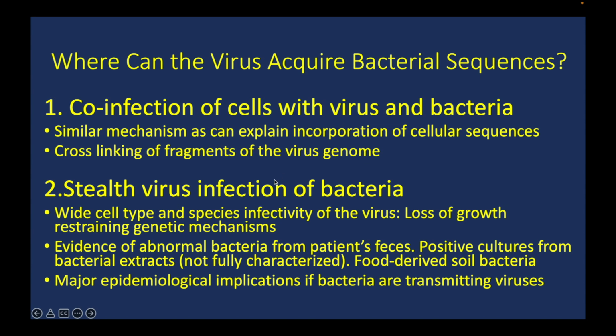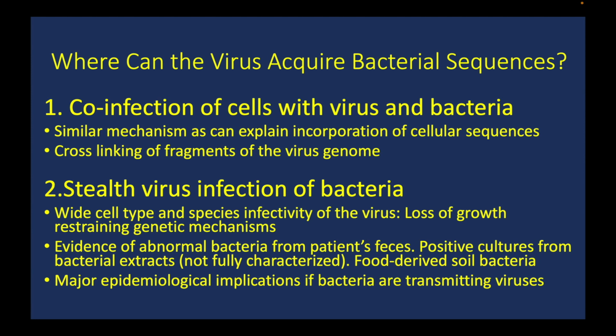The more interesting suggestion is stealth viral infection of bacteria. What I know about this particular virus, it could infect many types of cells from many different species. It was pretty impressive that whether it was rabbits or duck or mice or humans, monkeys, all the cells were susceptible, and even insect cells could be infected with the virus.